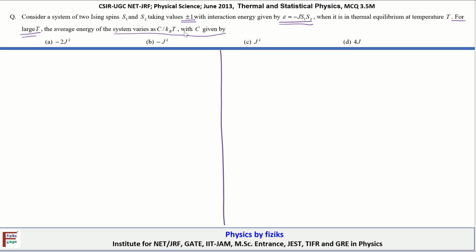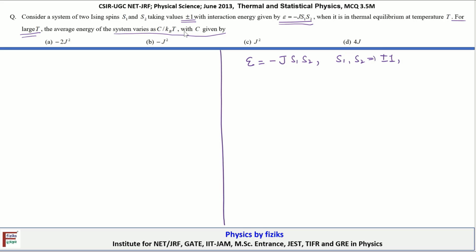We are given that the interaction energy among two Ising spins S1 and S2 is governed by the expression E equal to minus J S1 S2, where both S1 as well as S2 can take a value of either plus 1 or minus 1.